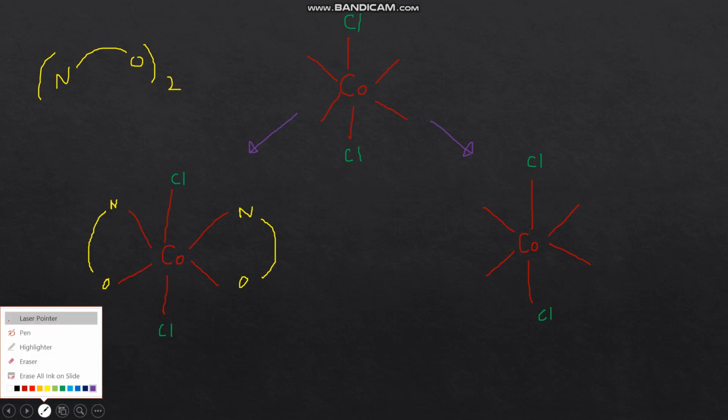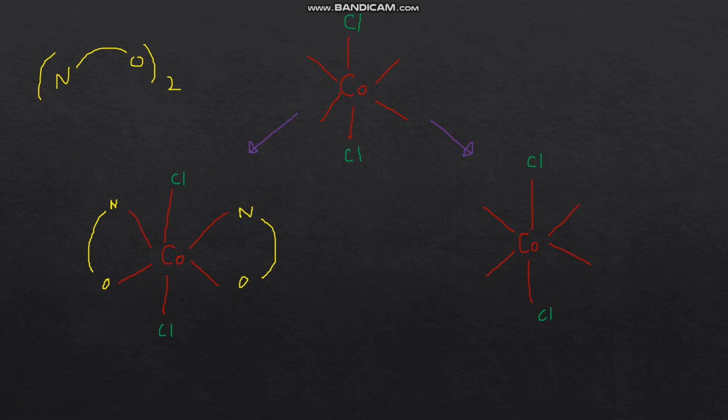So what are the opposite pairs now? We have a pair which is NO, that is, this nitrogen is opposite to this oxygen, and this nitrogen is opposite to this oxygen. And this chlorine is opposite to this chlorine. And it is fixed. We don't have to write for chlorine, but still I'm writing so no confusion would occur. So this is our first pair.